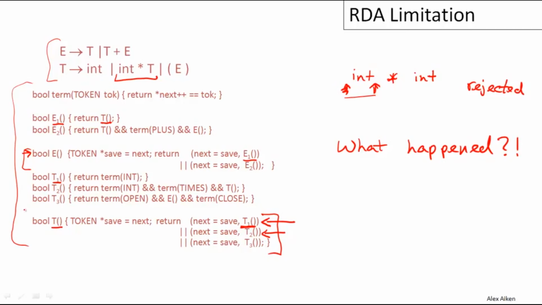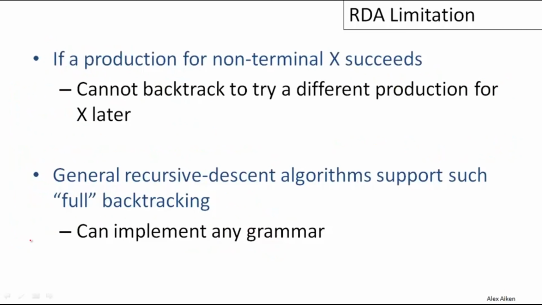So once a non-terminal commits and returns and says, I have found a way to parse part of the input using one of my productions, there's no way in this particular algorithm to go back and revisit that decision and try a different production. So if a production for non-terminal X succeeds, there's no way to backtrack to try a different production for X later. Once the function for X has returned, we're really committed to that production.